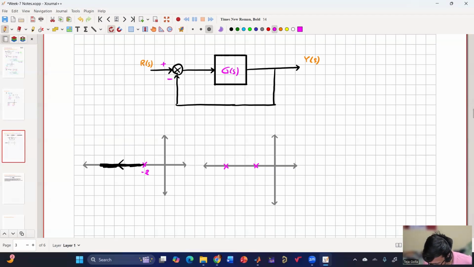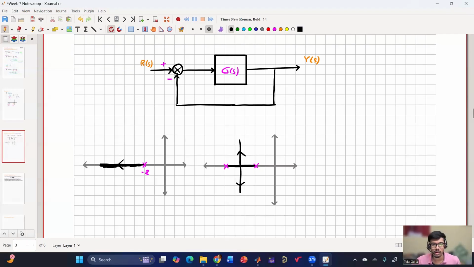So the root locus exists only in the region between the two poles. Both the poles will move towards each other and then they'll hit. When there are two poles, the asymptotes will be at 90 degrees. So this will be the asymptote, and one will go to the top and one will go to the bottom.